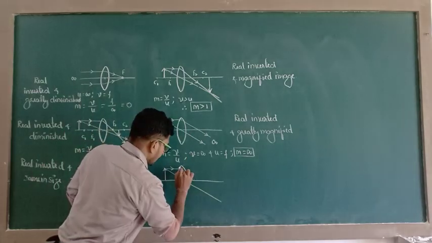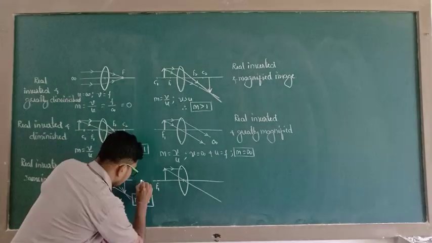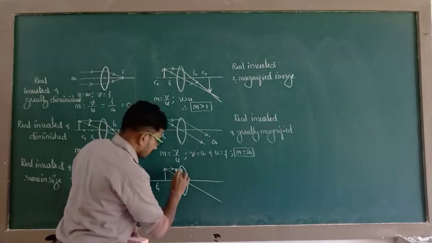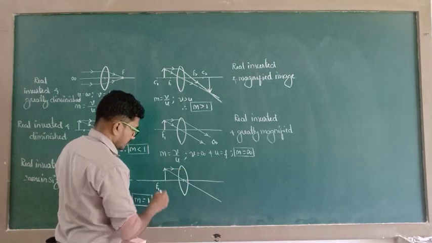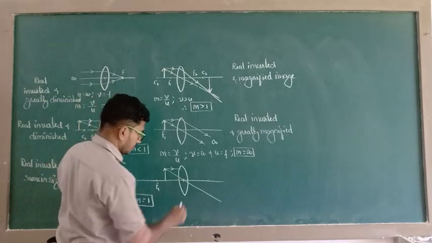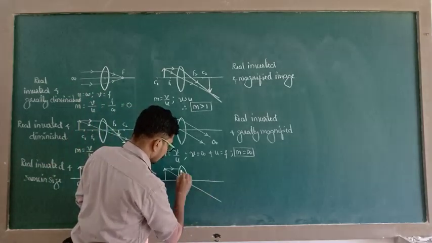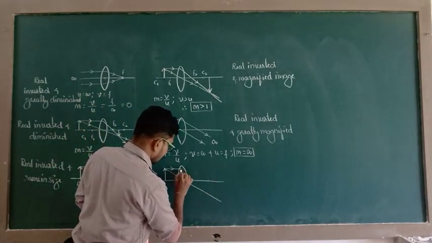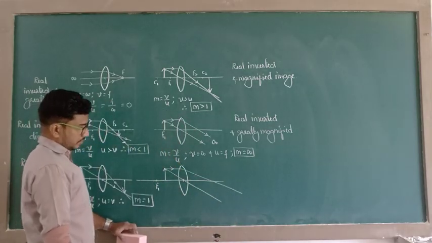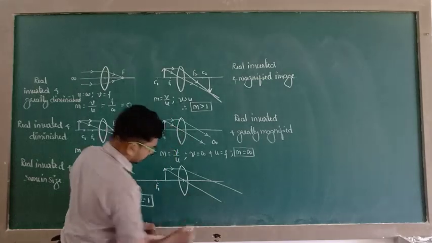Then after refraction, we will get a divergent beam of light.